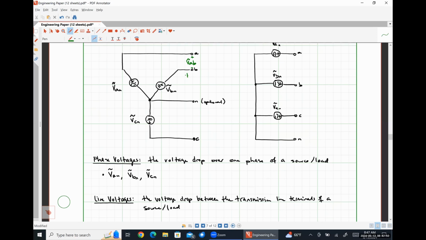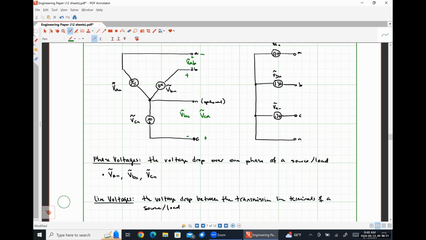I would see a line voltage of V lowercase b, lowercase c between the B and C transmission line terminals. And I would see a voltage VCA between transmission line terminal C and transmission line terminal A. Okay.